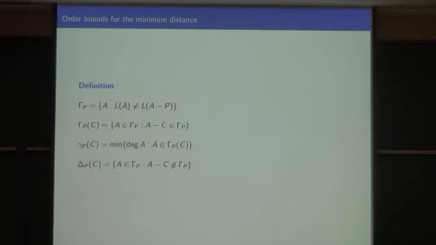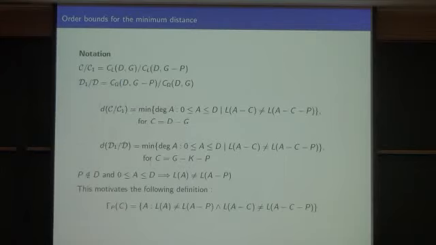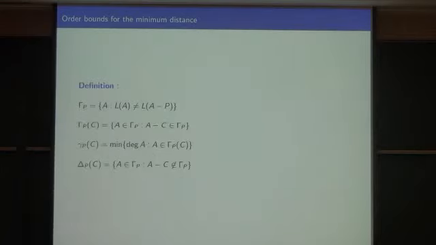And gamma PC, in terms of gamma P, is A in gamma P and A minus C in gamma P. Okay, so if you go back, this is the definition. So L(A minus C) not equal to L(A minus C minus P) means A minus C is in gamma P. Okay, and then we want to find the minimum degree of all the A's in gamma PC, and we write this as gamma PC.